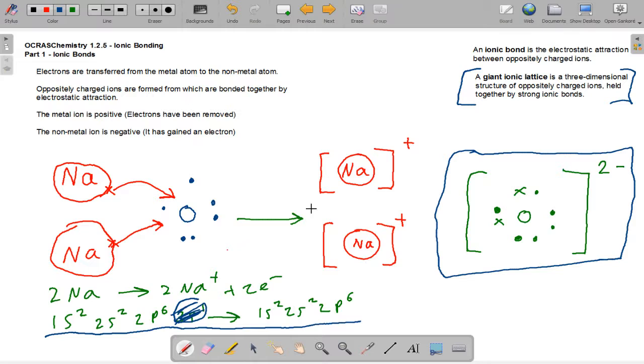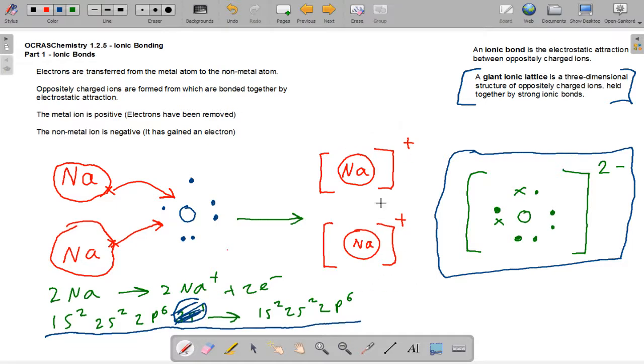The reason why I knew oxygen was a 2 minus is that on the periodic table it is in column 6, and all column 6 atoms have a 2 minus ionic charge. I'll talk more about that in the periodic table video I'm going to do.